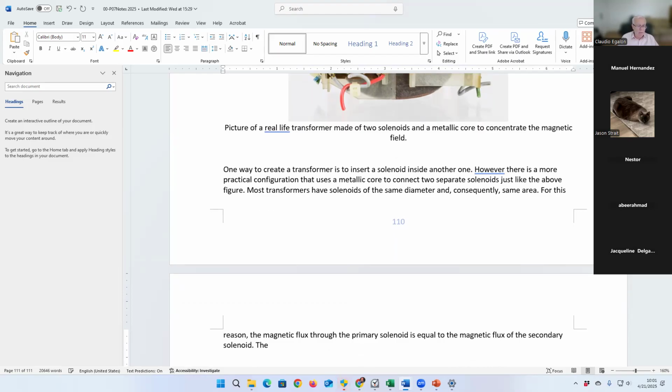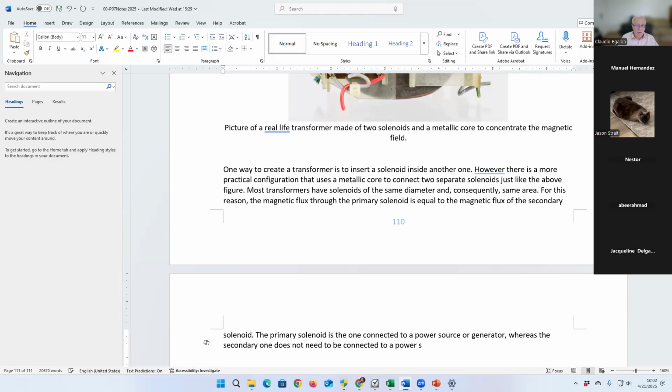And let's not forget, the primary solenoid is the one connected to a generator, to a power source, whereas the secondary one does not need to be connected to a power source, since the primary is transferring its energy to the secondary one.